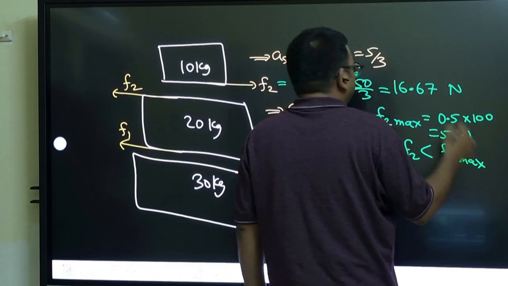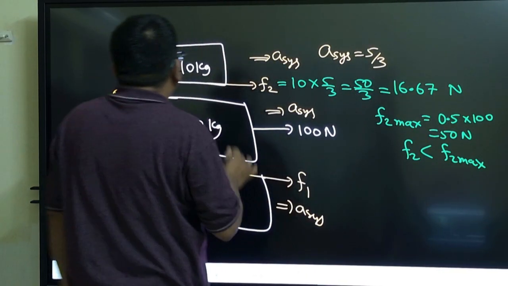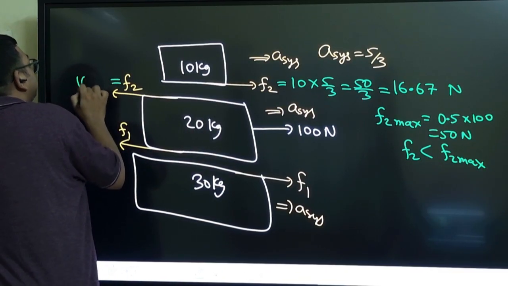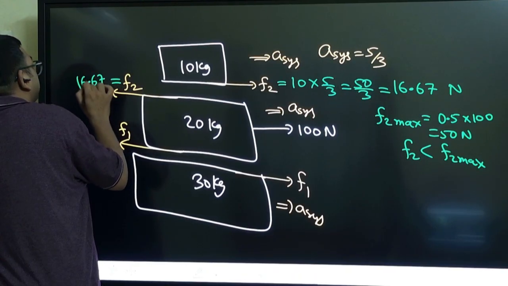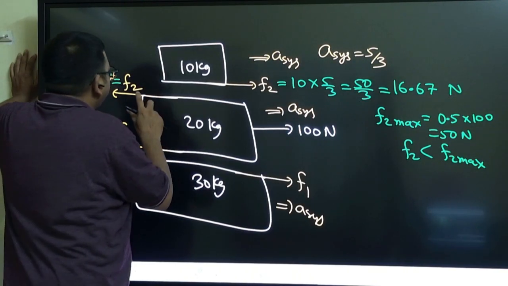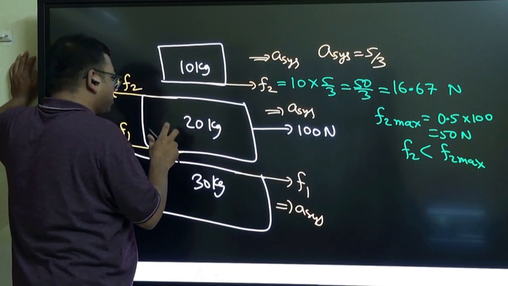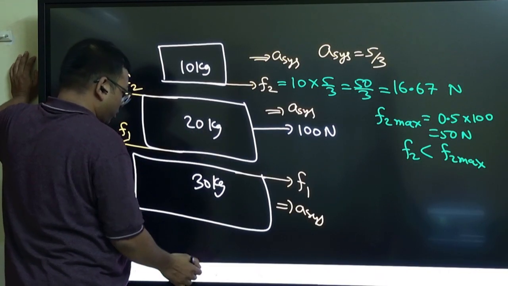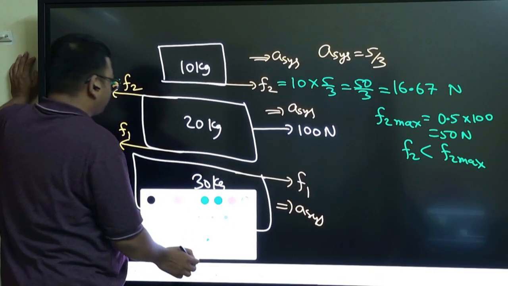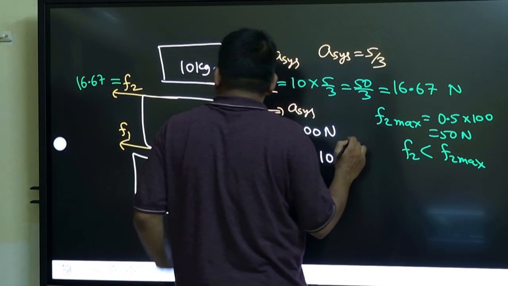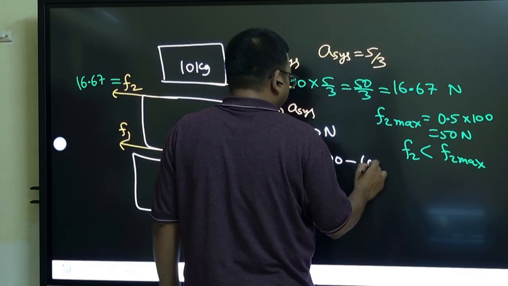So the possibility is that F2 is acting correctly, and 16.67 is the correct value. If I use this value, I can try to calculate whether this is going together or not. Let us try this. Newton's law on this: 100 minus these two forces, F1 plus F2.